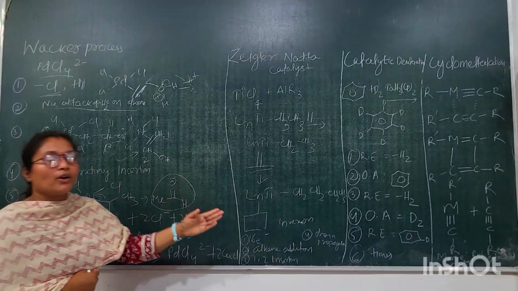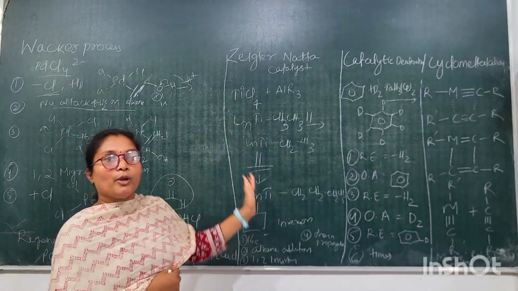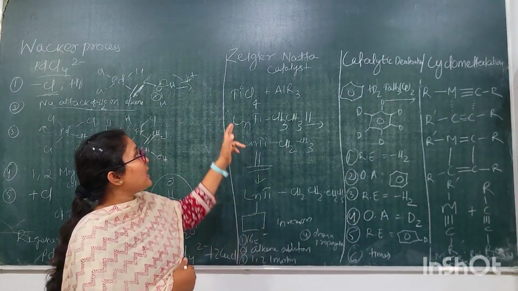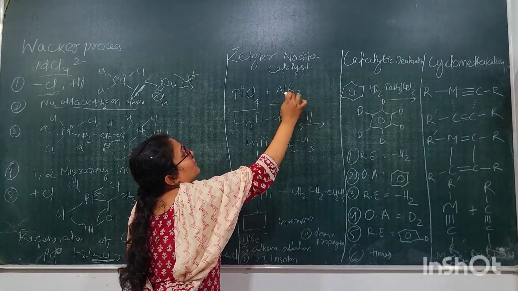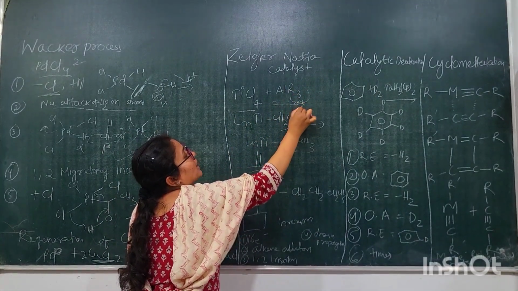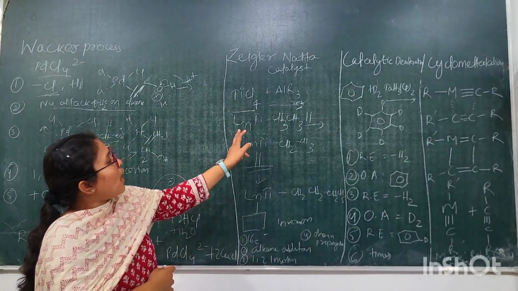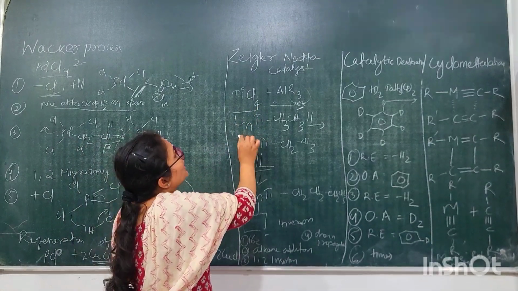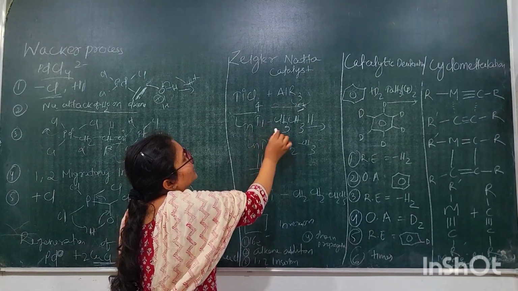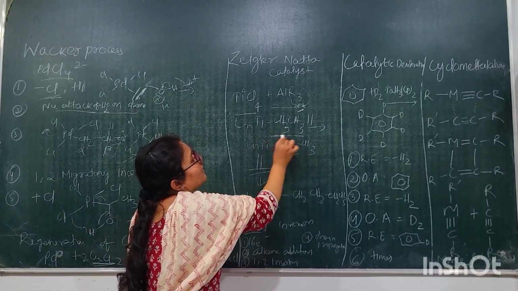Next, the Ziegler-Natta catalyst. Here we polarize the alkene. The catalyst is TiCl4 and aluminum triethyl. Here we can take the ethyl group from aluminum. After combining these two, we see LnTi-alkene.